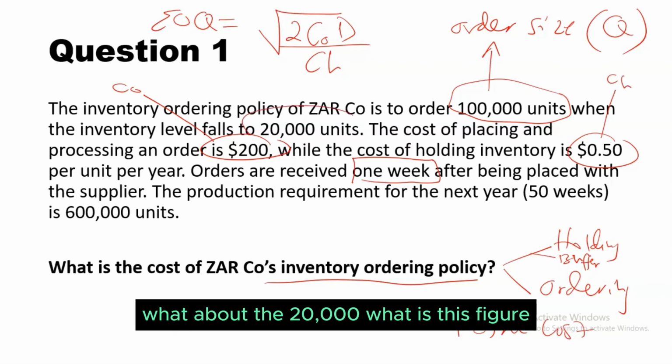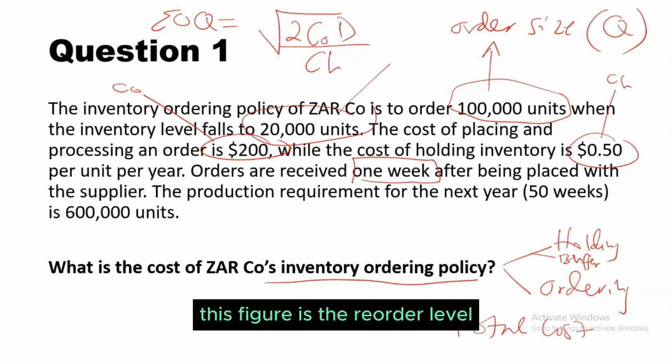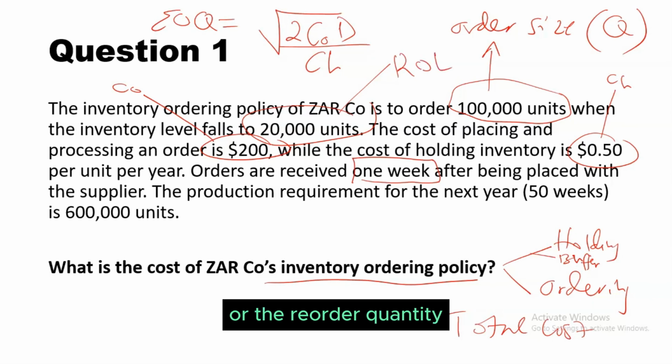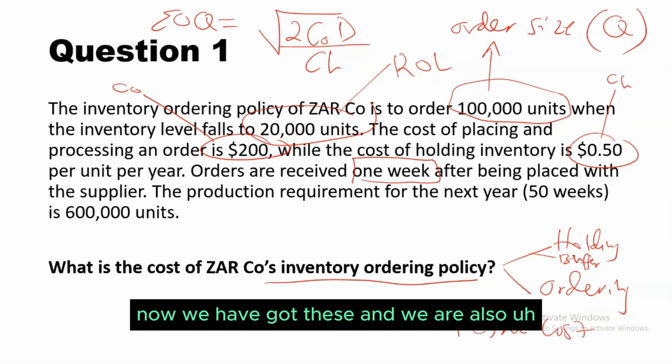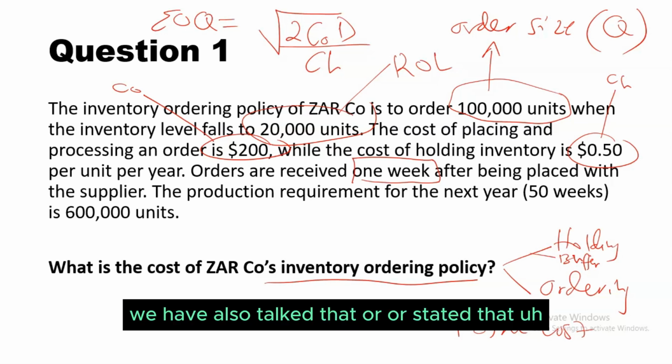What about the 20,000? What is this figure? This figure is the reorder level, or the reorder quantity. Okay, our reorder level.